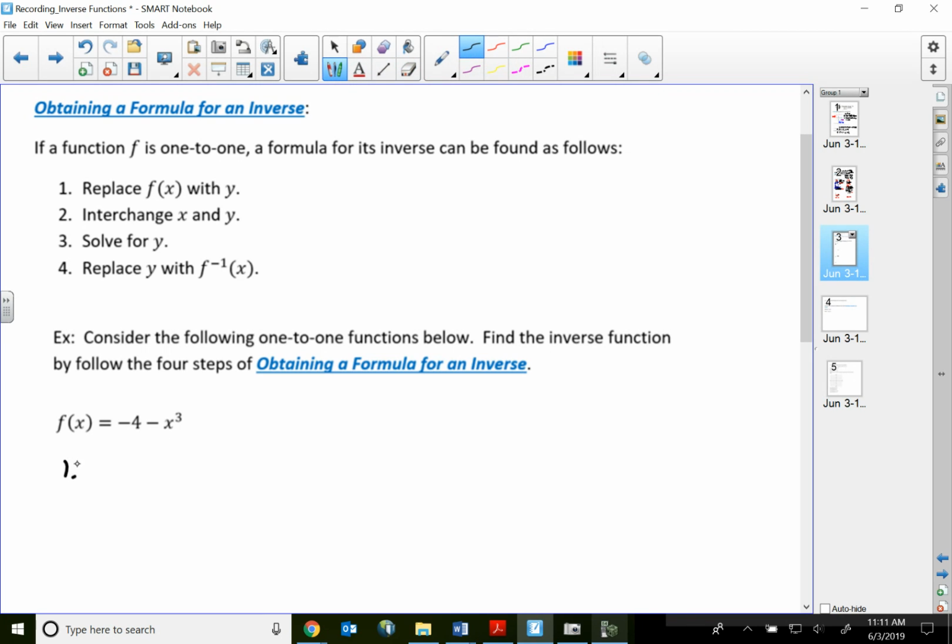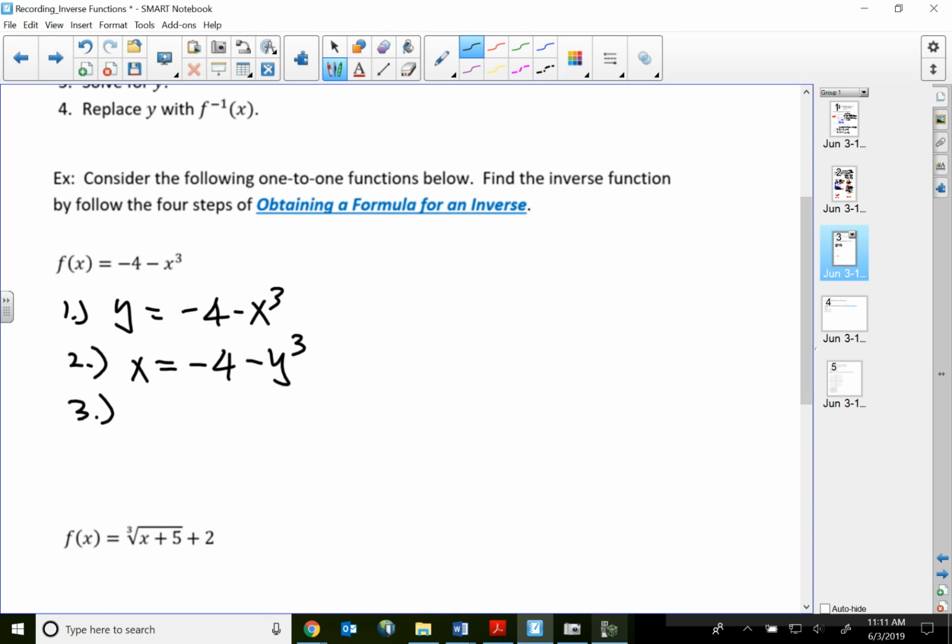All right, first step, replace f of x with y equal. Second step, interchange between the x and y variable. So now it will be x equals negative 4 minus y to the third. Step number 3, solve for y. I'm going to move my negative y to the third over, move my positive x back. So that will be y to the third equal to negative x minus 4.